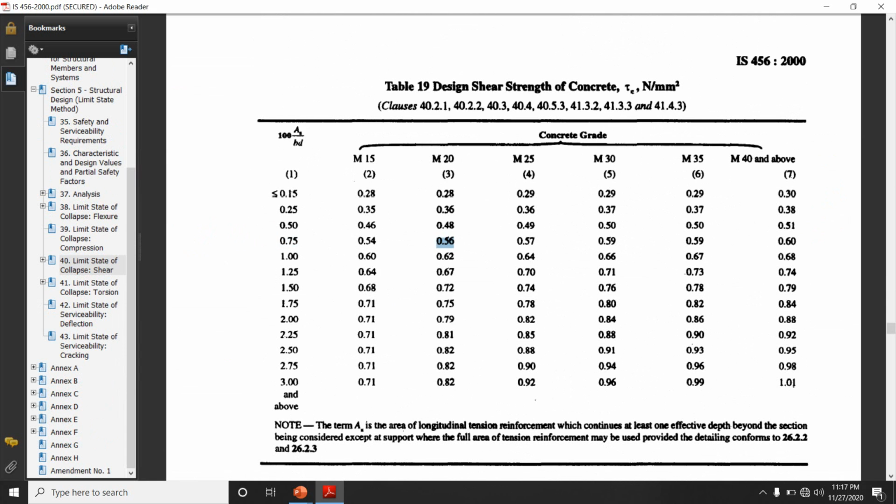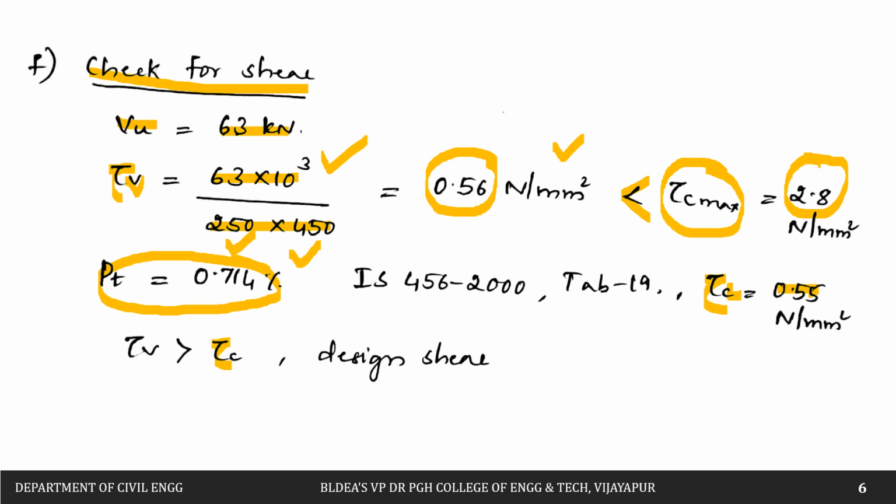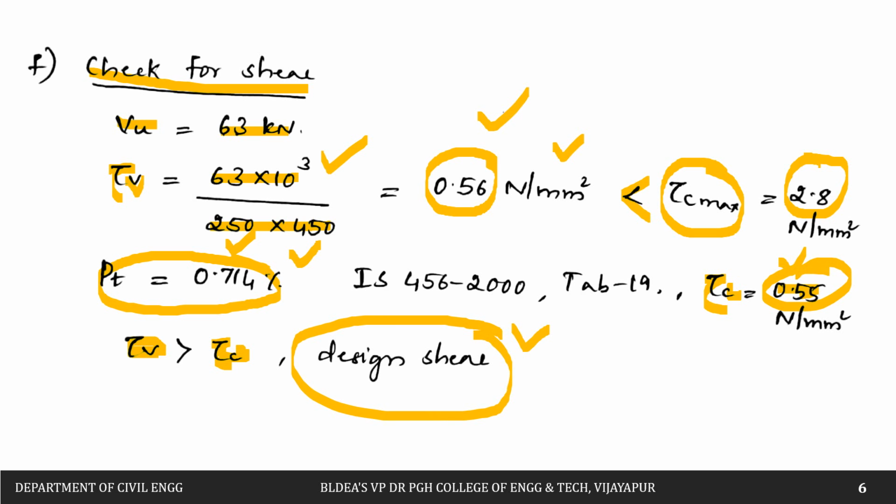If you interpolate, we get a value of somewhat 0.55 Newton per mm square. So as tau v is greater than tau c, tau v is 0.56, greater than tau c, that is 0.55. Therefore we have to design this for shear.